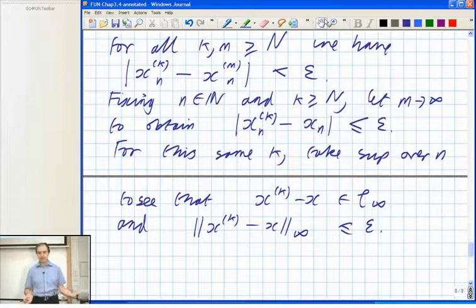And finally, this is true for all k greater than capital N, so the result follows.